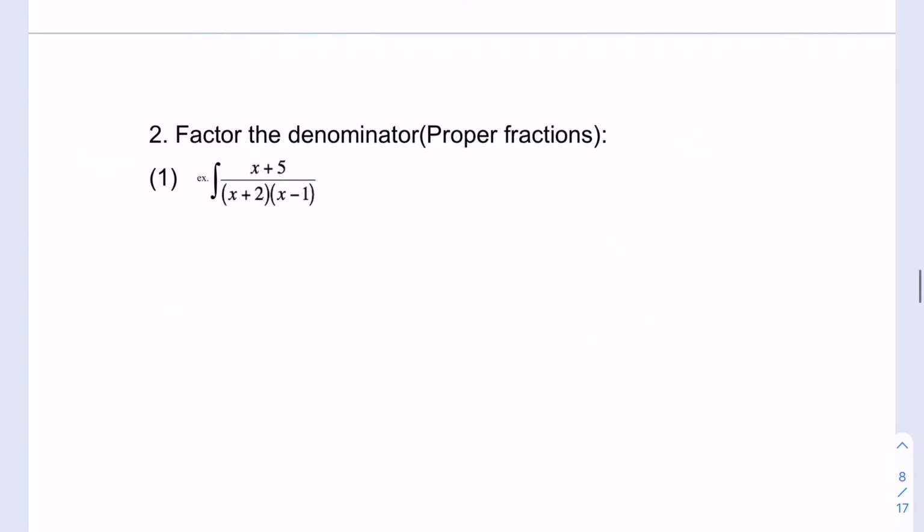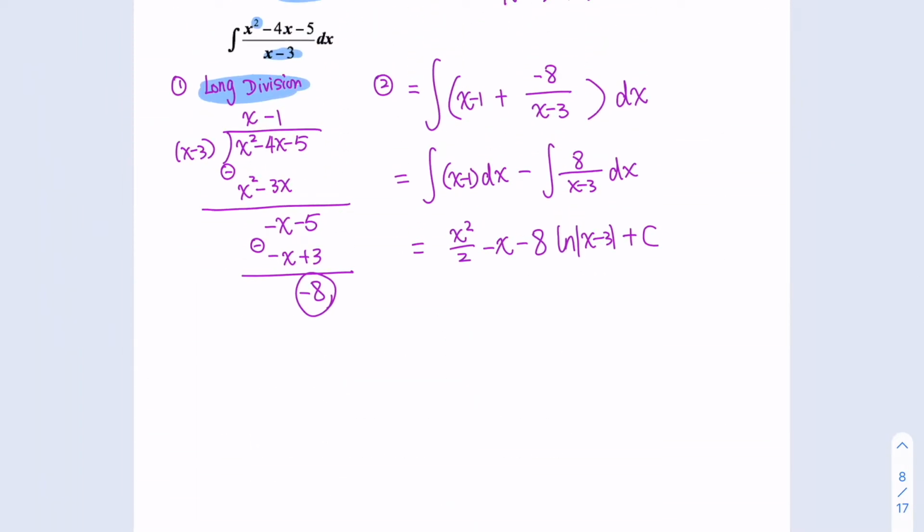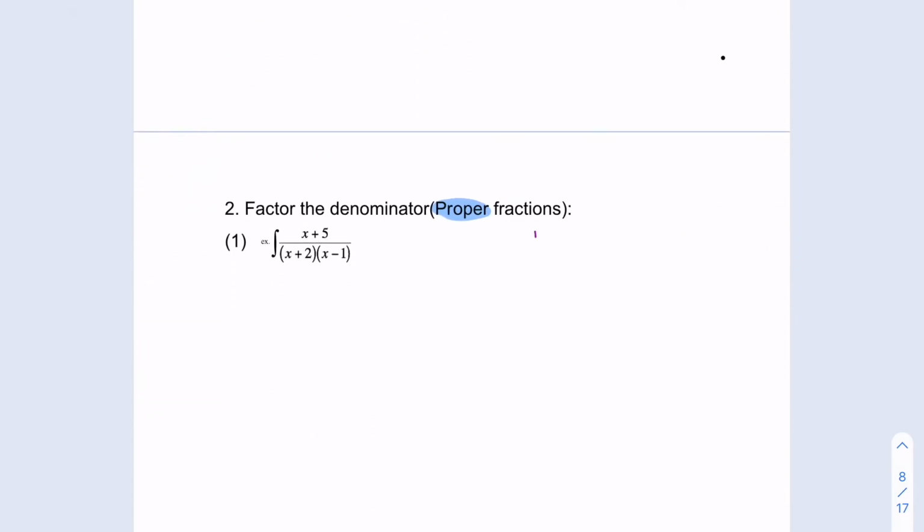The second type is the proper fraction, where the numerator degree is less than the denominator. If the power is equal, we can also use the long division tool. If the numerator power is less than the denominator, we can directly split this into two simple functions.